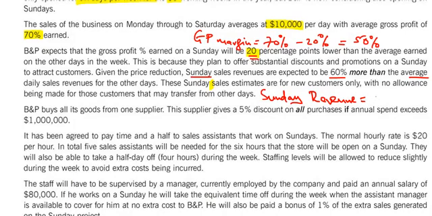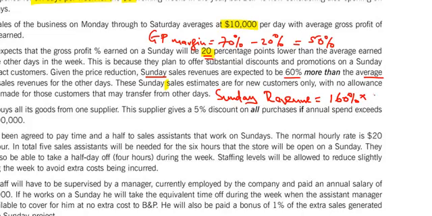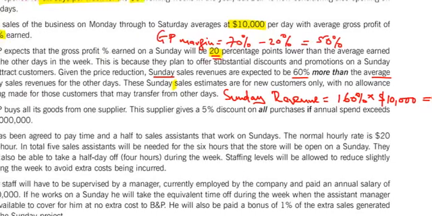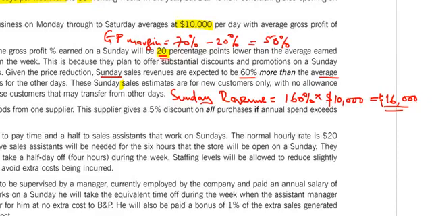That means it is 160% of the daily sales, and the daily sales are 10,000, which gives you 16,000. I hope that's okay. That's what it means by that statement.